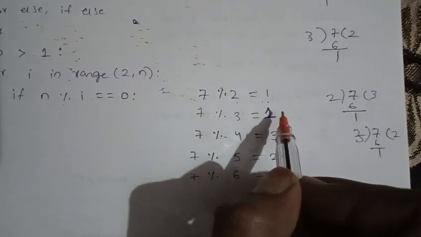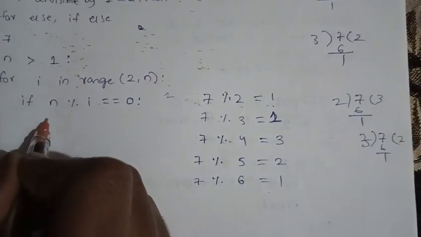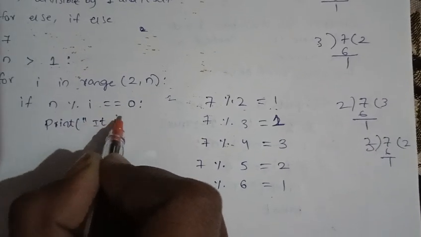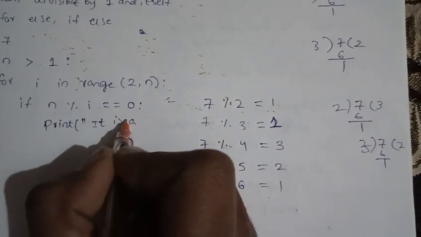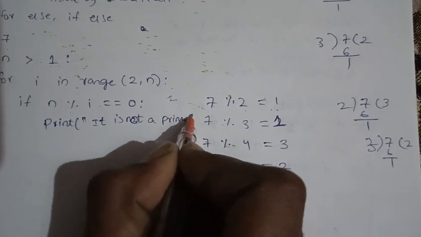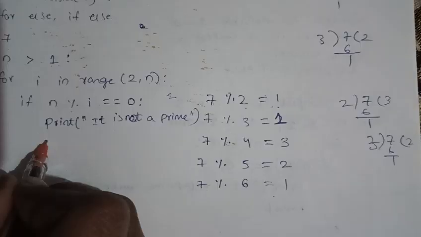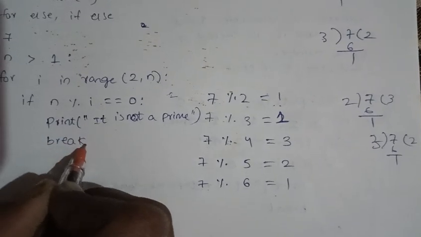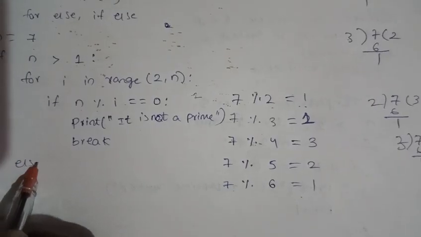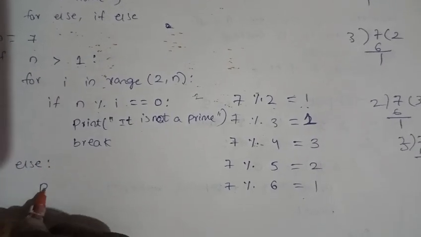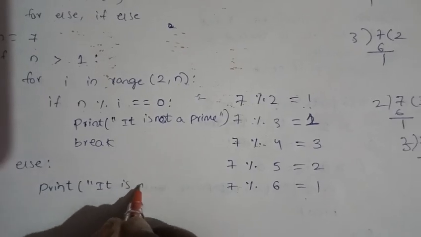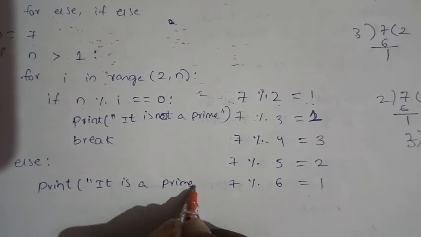So we need to write print it is not a prime, and we need to write break. After that we need to write else, print it is a prime.